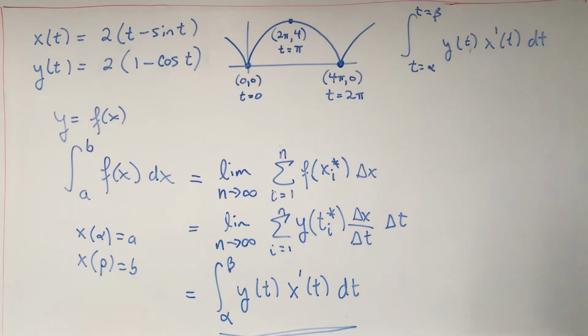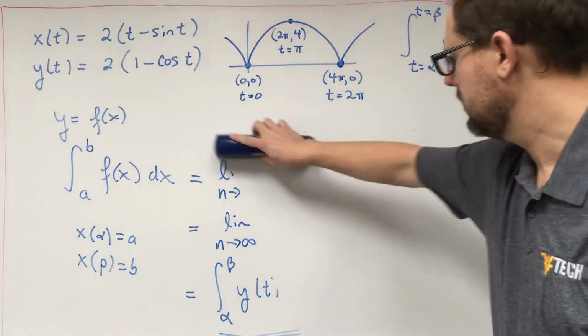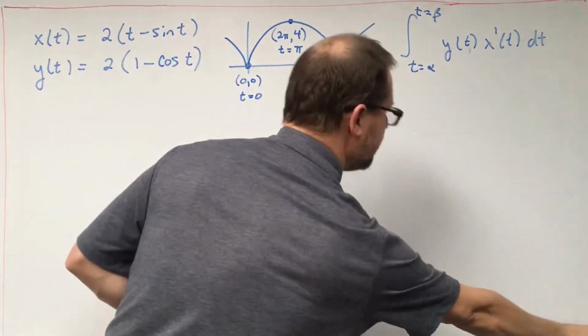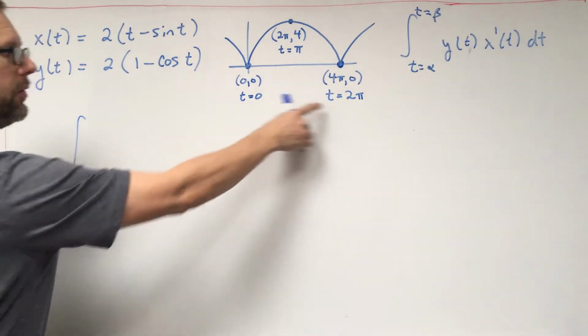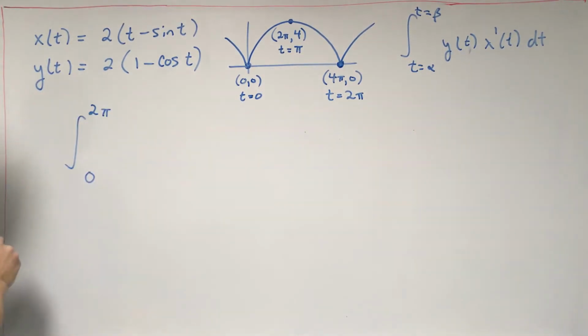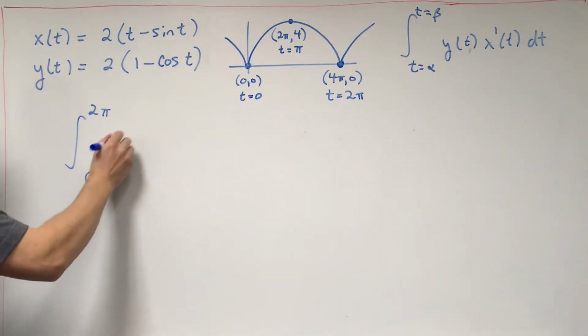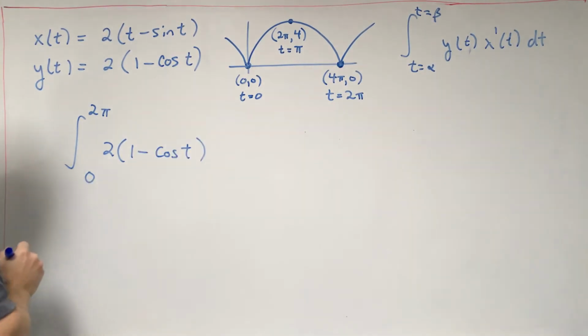And let's look how that setup appears for the particular function that we're exploring right now. And so the t values that are our limits of integration are 0 and 2 pi. The y of t is given to us as 2 times the quantity 1 minus cosine t.